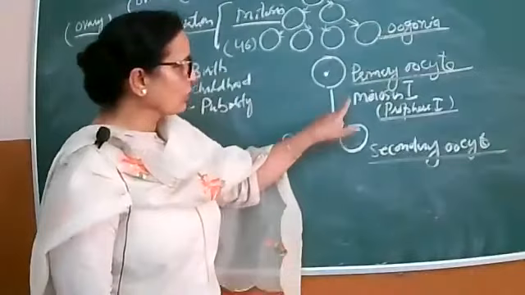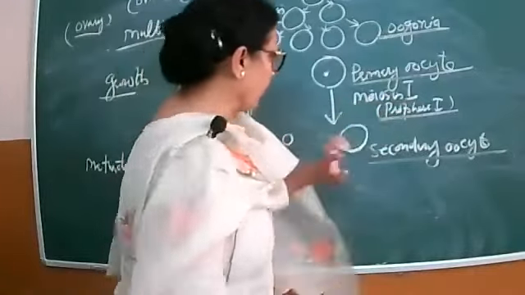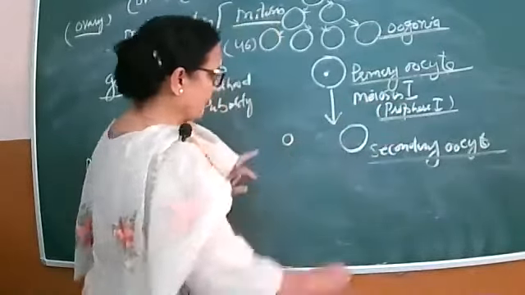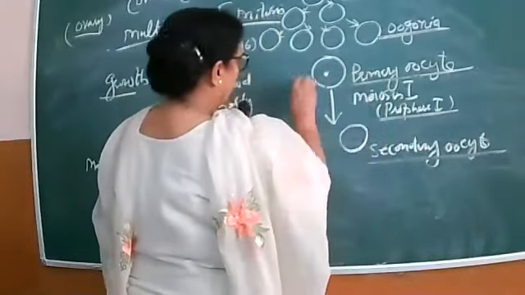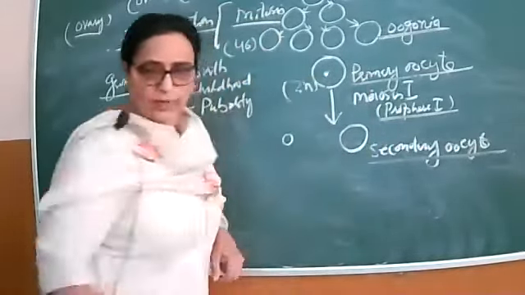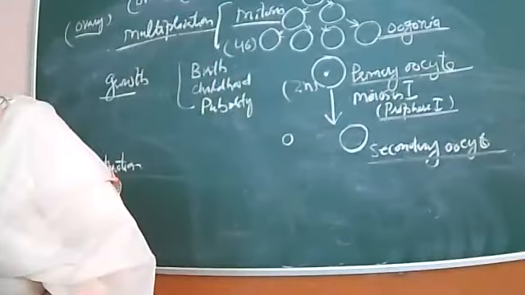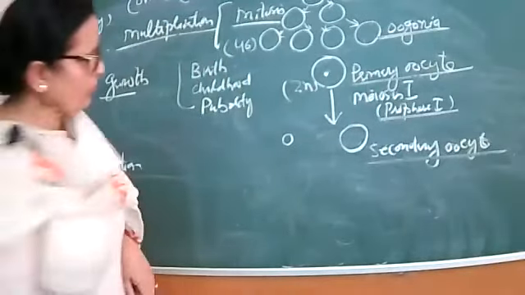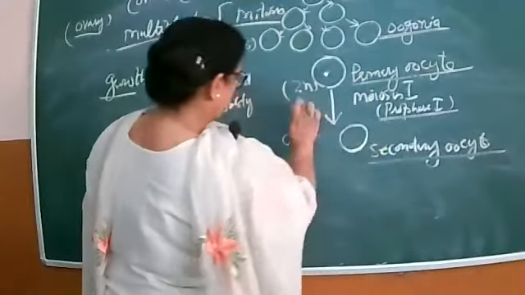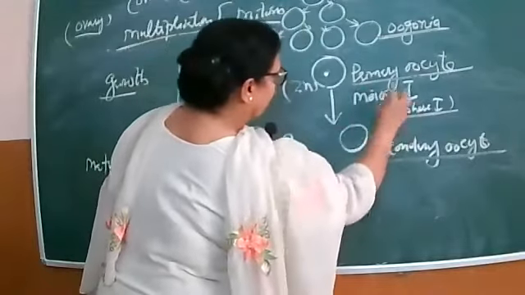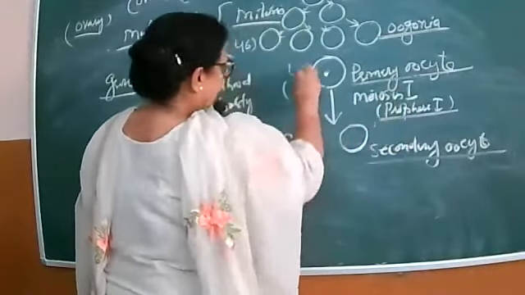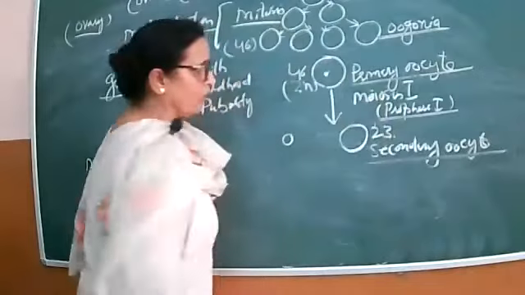This secondary oocyte, meiosis 1, prophase 1. The primary oocyte is 2n, 46 ploidy, while this will have 23, okay?